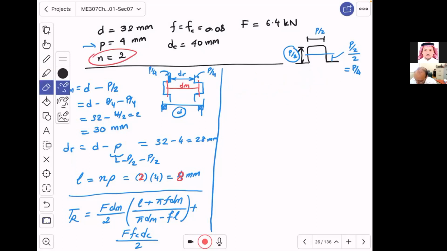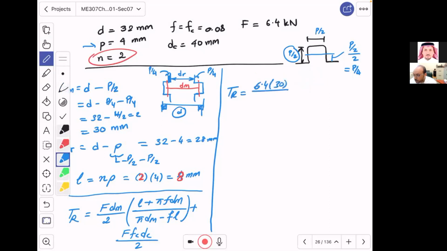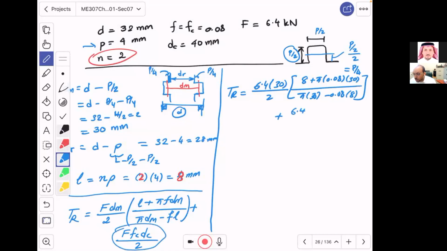Okay, so we'll have TR equals 6.4 multiplied by 30 millimeter divided by 2, multiplied by (8, the lead, plus π multiplied by 0.08, which is the friction, given to us, multiplied by 30 again, which is dm) divided by (π multiplied by 30 minus 0.08 multiplied by 8), plus the force 6.4, multiplied by the diameter of the collar, which was given to me as 40, and the friction of the collar is 0.08, which is the same as the friction between the screw and the nut, divided by 2.